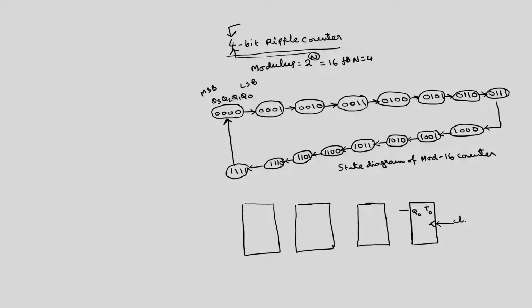Now, we apply the external clock here. This is T1, Q1. This also requires a clock. The clock of this one is the output of the LSB flip flop. Similarly, the clock of T2 is Q1, and the clock of T3 is Q2.